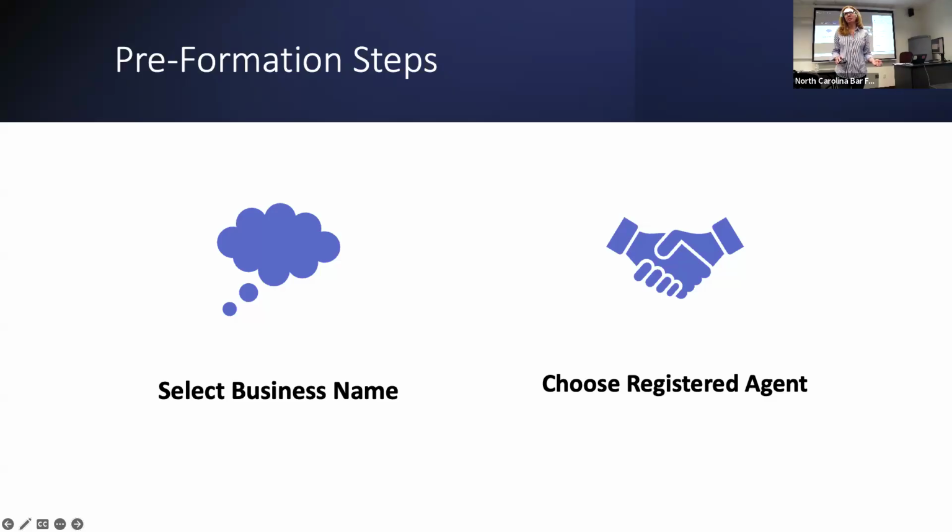You can also hire an attorney to do one. Usually that's a flat fee, but you can also go to the USPTO website. You can search for your name, see if it's a word mark or a design mark, and get an idea of what is out there in your space and then decide if you want to go forward. But truly, the name of the company isn't always going to be a trademark.